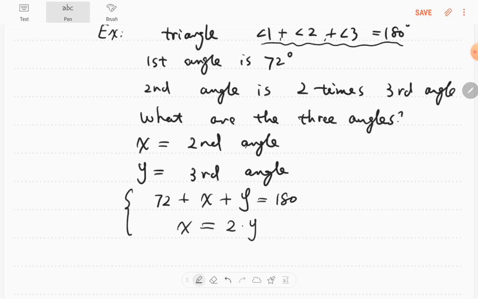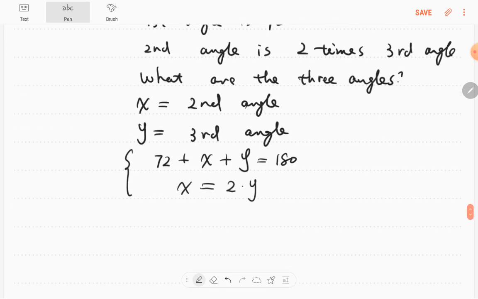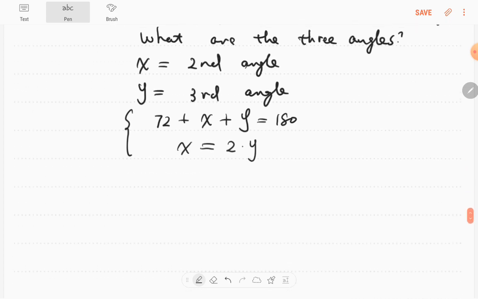By this time, we have finished our system. We're going to use the substitution method to solve the system.